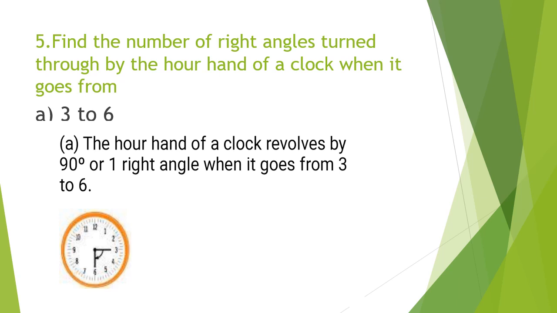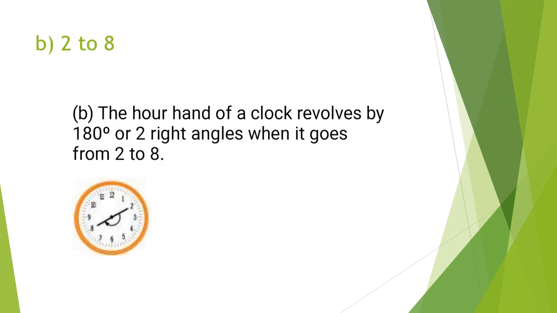Question 5. Find the number of right angles turned through by the hour hand of a clock when it goes from 3 to 6. The hour hand of a clock revolves by 90 degrees or one right angle when it goes from 3 to 6. Question B. 2 to 8.